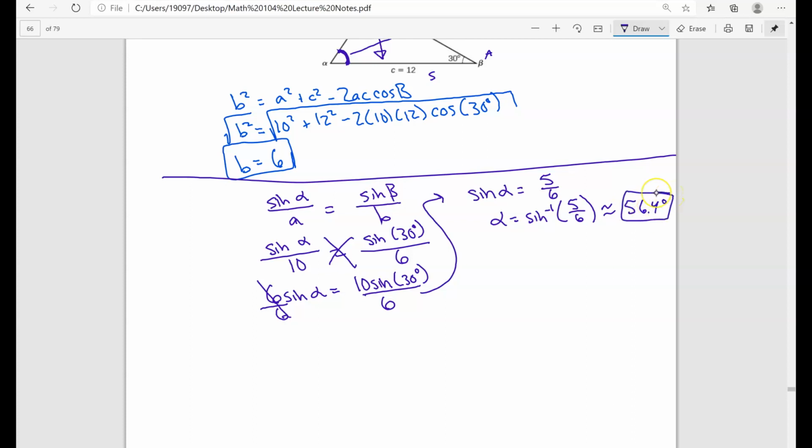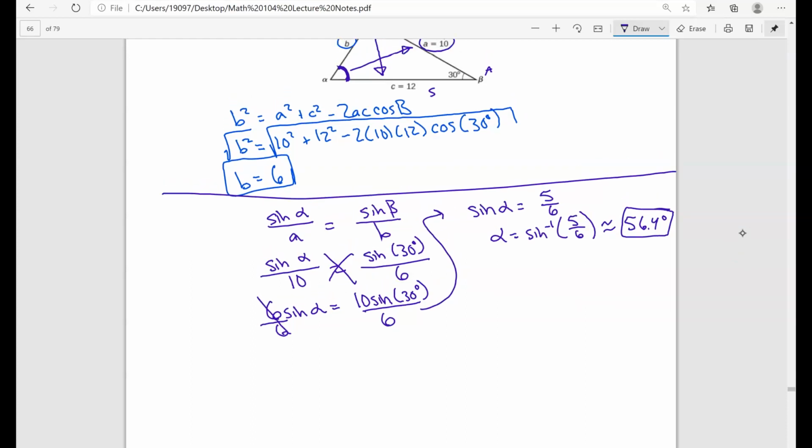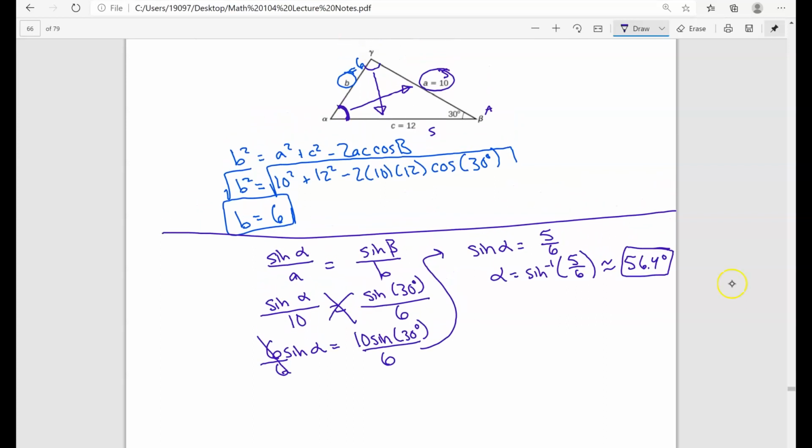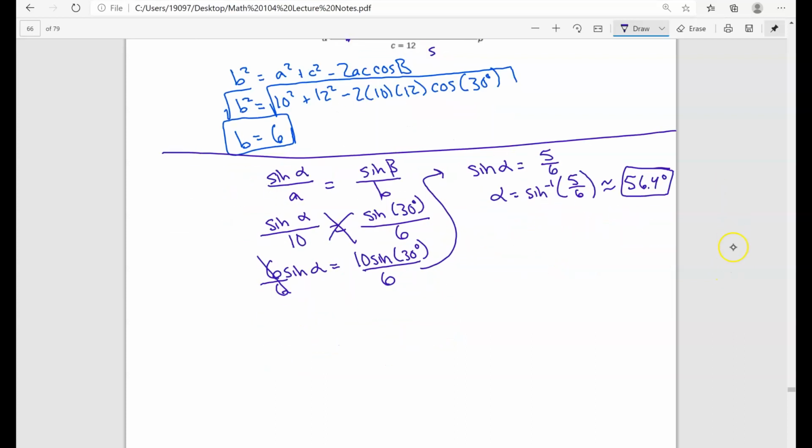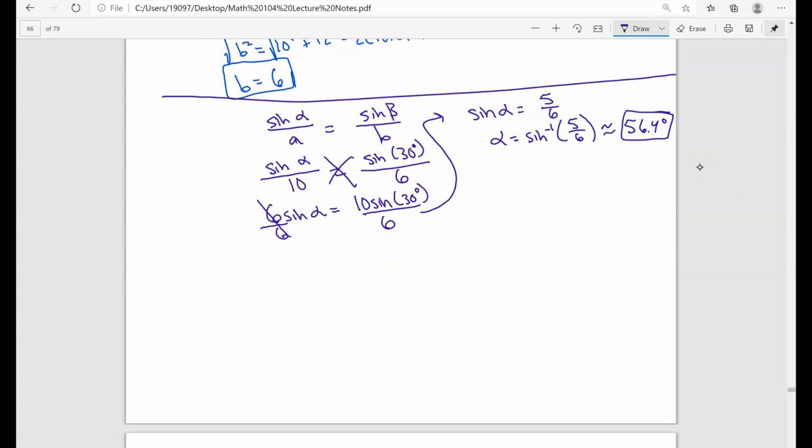And notice, because I solved for the smallest angle, you know that there's not a second triangle. There's no way there can be a second triangle, because if there were, I would not be able to compensate for the other angle, beta. So this will be the answer for alpha.